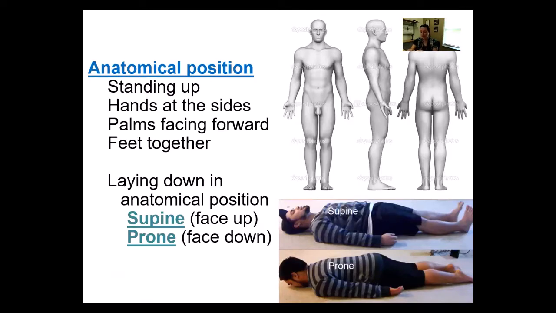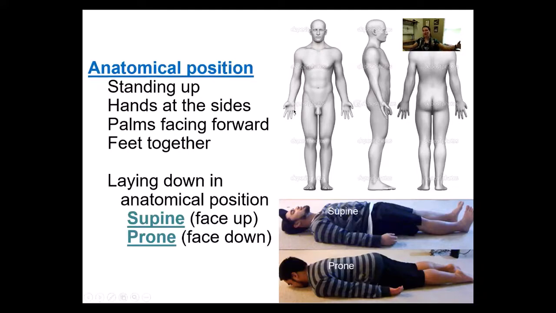Now, whenever we talk about the human body, we always refer to structures relative to each other as if the body was in what is called anatomical position. Okay? So anatomical position is this, right? So standing up straight, hands all the way at the sides, right?